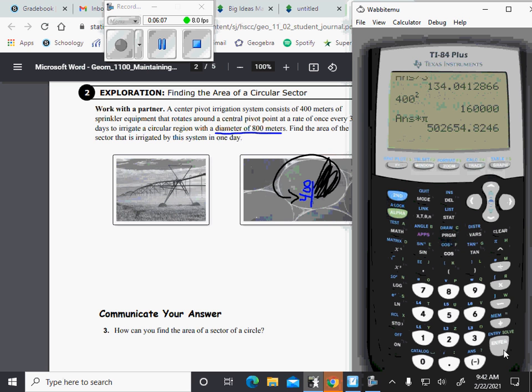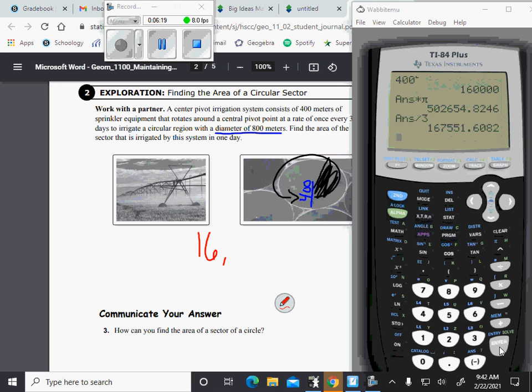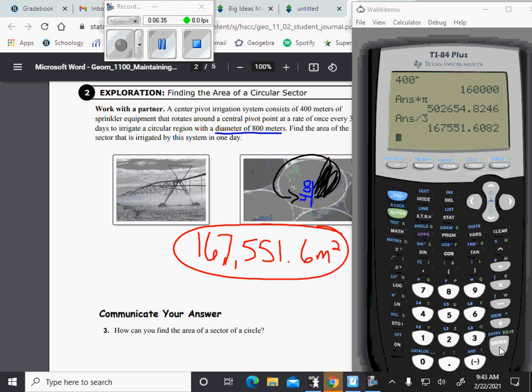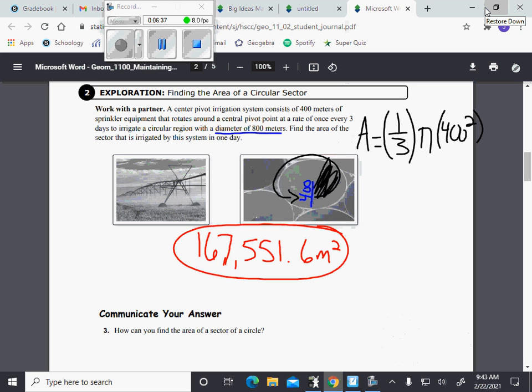There's our area of the entire circle, so that's the 3 days. We want to multiply this by 1/3, or just divide that by 3, and you should get 167,551.6 meters squared, so we're working with area.